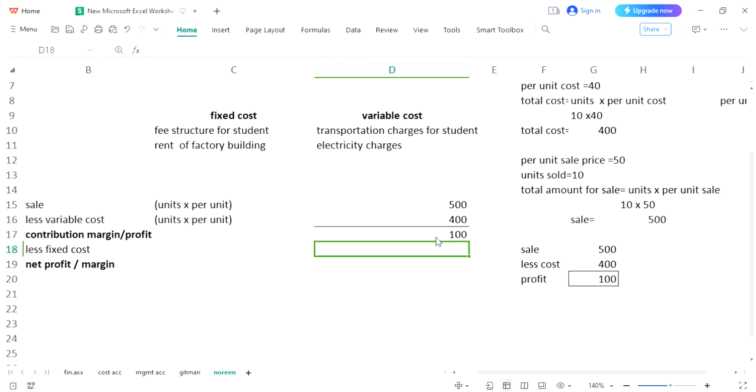Suppose after 100 there was 20 rupees of cost which was fixed. Whether you are selling 10 units or 12 units or 100 units, that cost is the same. So we have taken examples of fixed costs as well. Finally, the profit you will earn is 80, and this would be called your net profit margin.